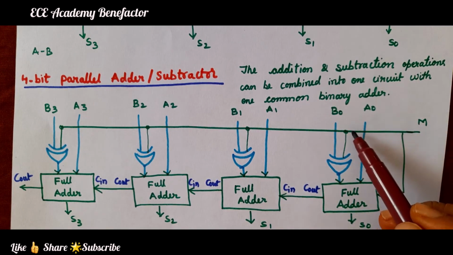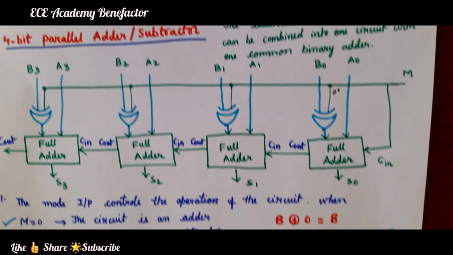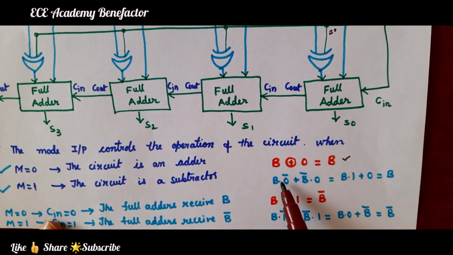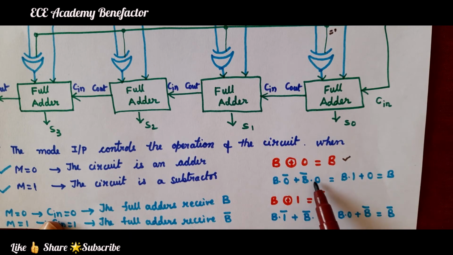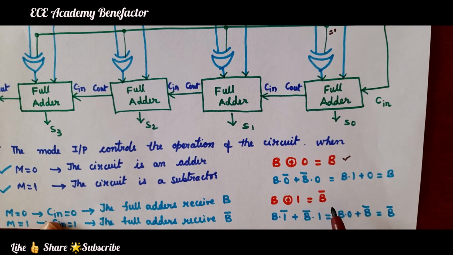M is set to 0, so it will become 0. So, B XOR 0 is how much? B XOR 0 is B. What is B XOR 0? B dot 0 bar plus B bar dot 0. So, B dot 1 plus 0, that will come as B. So, B XOR 0 will come as B and B XOR 1 will come as B bar.